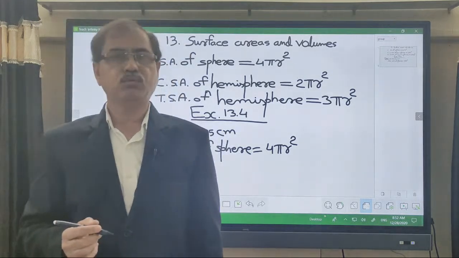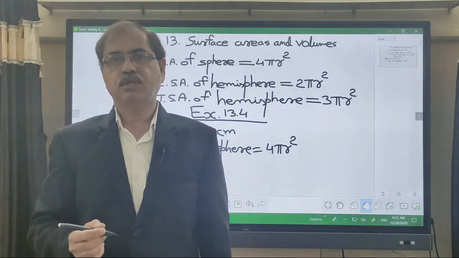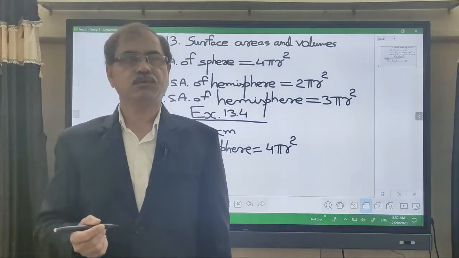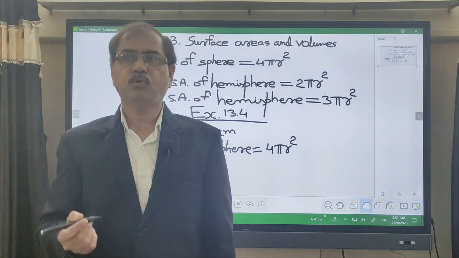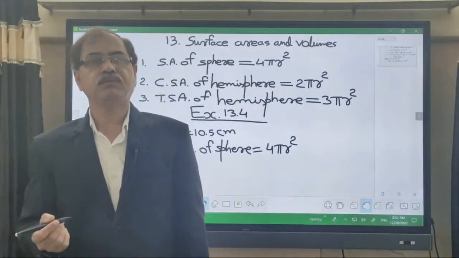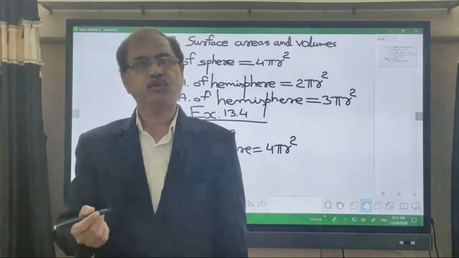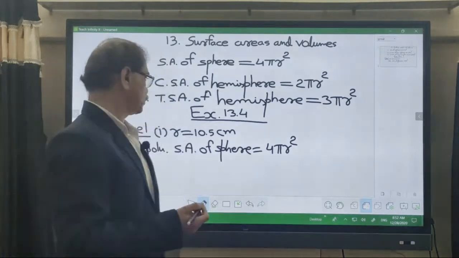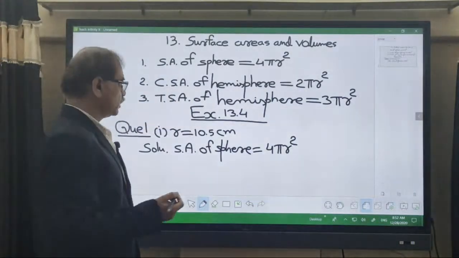Pi is equal to 22 upon 7. And sometimes special instruction is given to us that you have to use the value of pi 3.14. If such instruction is given, then only we will use pi is equal to 3.14. Otherwise, every time we will take pi equals to 22 by 7 in our calculations.